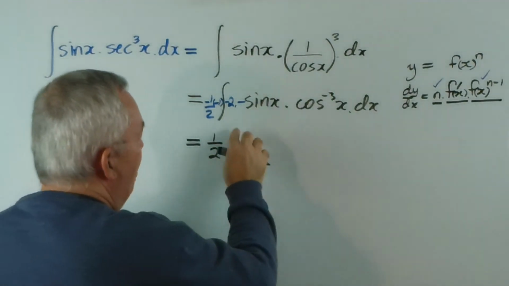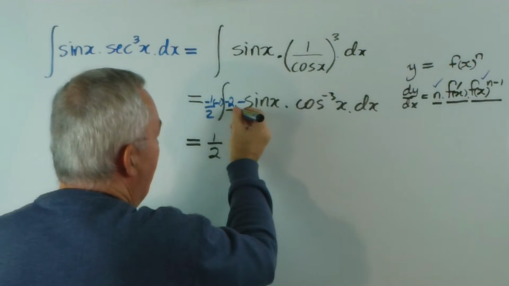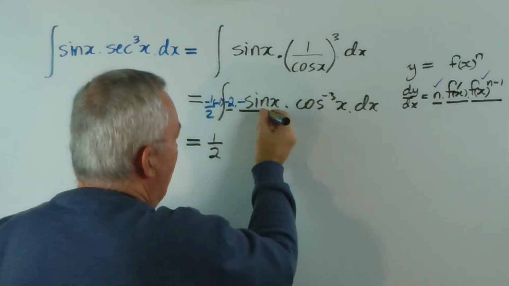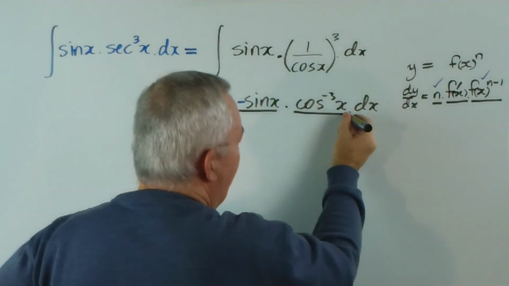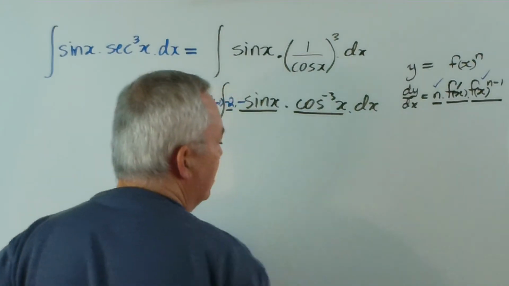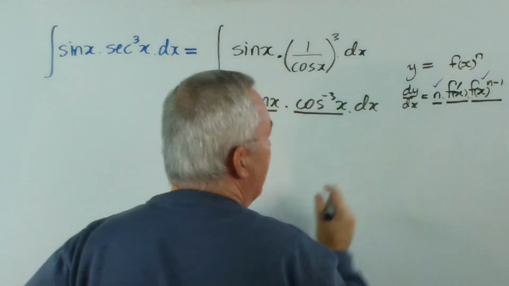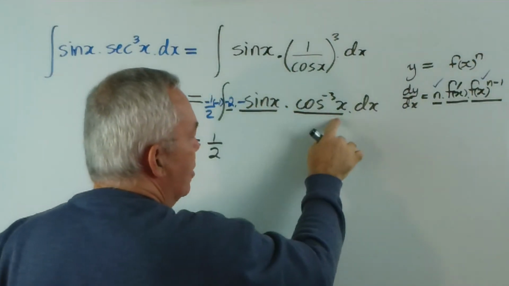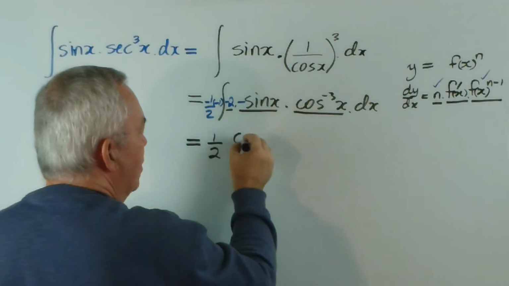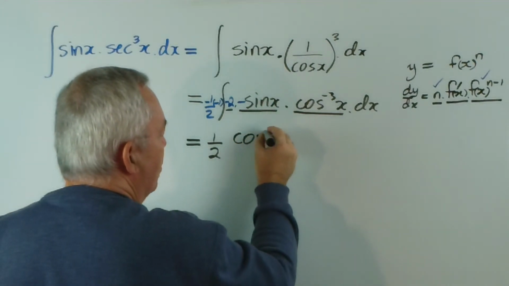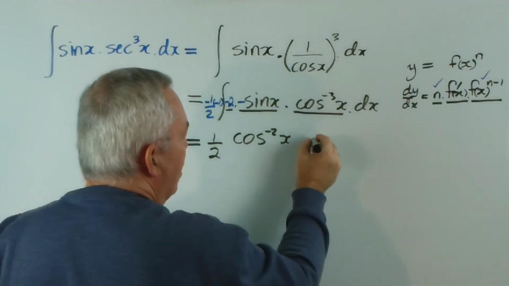And inside, I now have exactly the pattern of n, f dash x, f of x to the n minus 1 dx. And the integral of all of this will be that function, which will be cosine x to the negative 2 plus c.